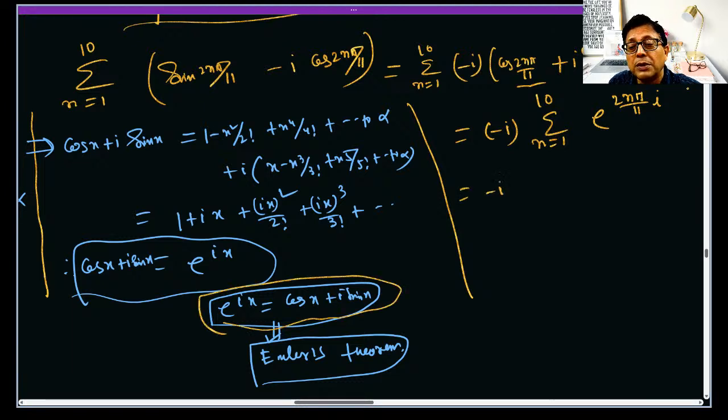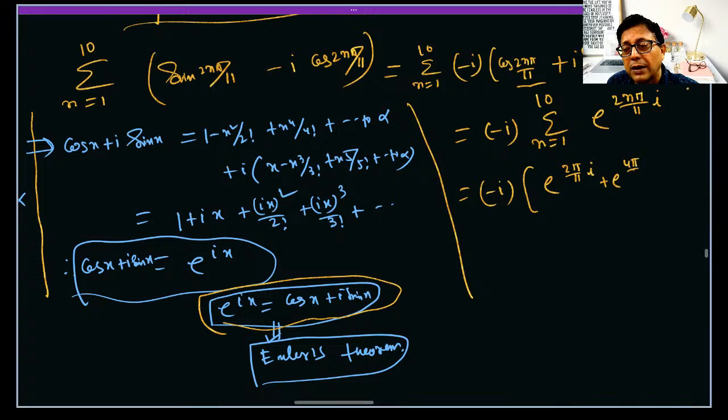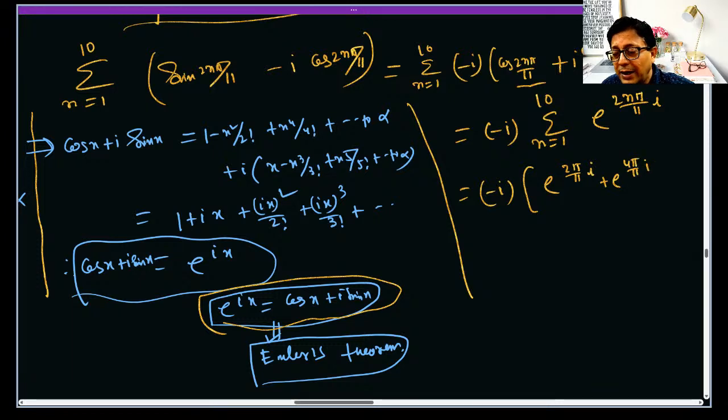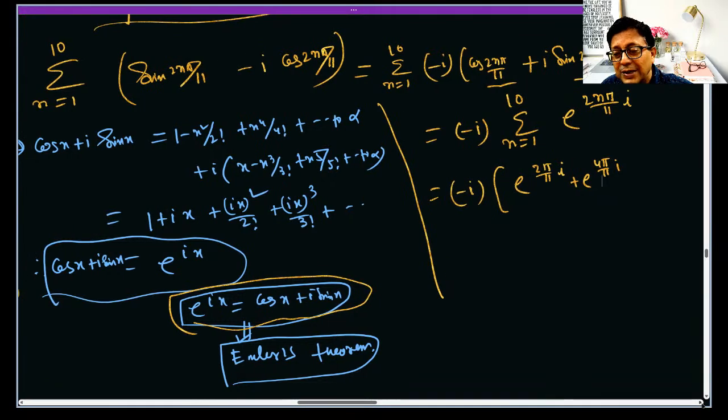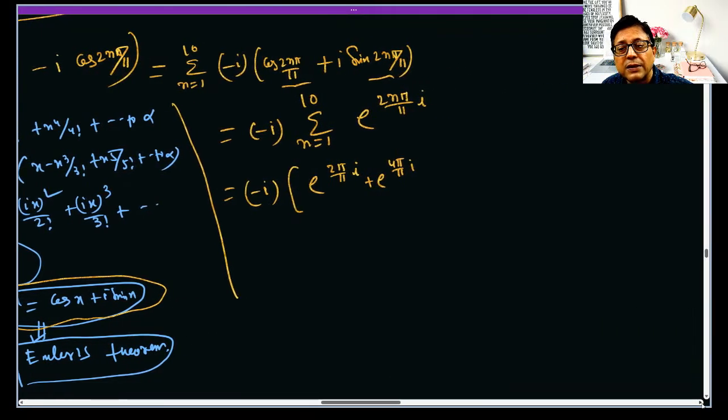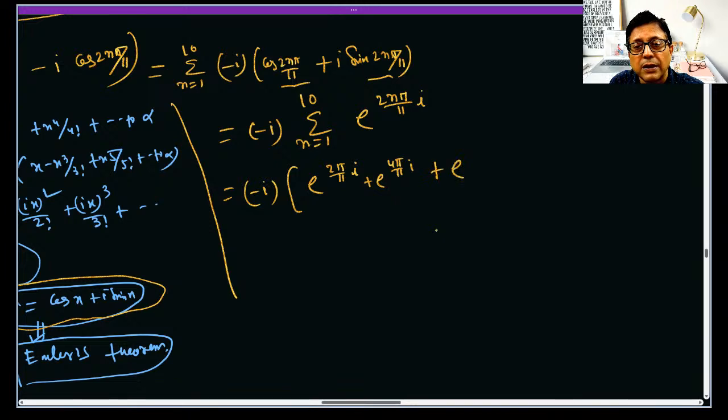So now you go on putting n equal to 1. It is going to be e to the power 2π/11 i, 4π/11 i, 6π/11 i, like this.